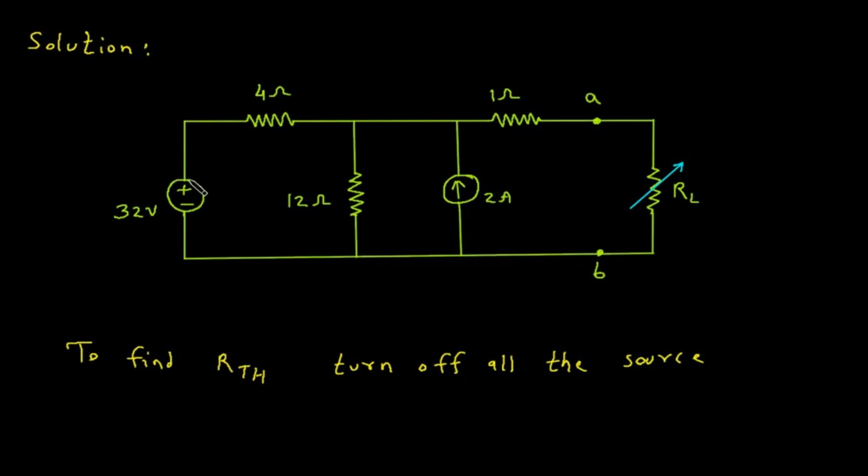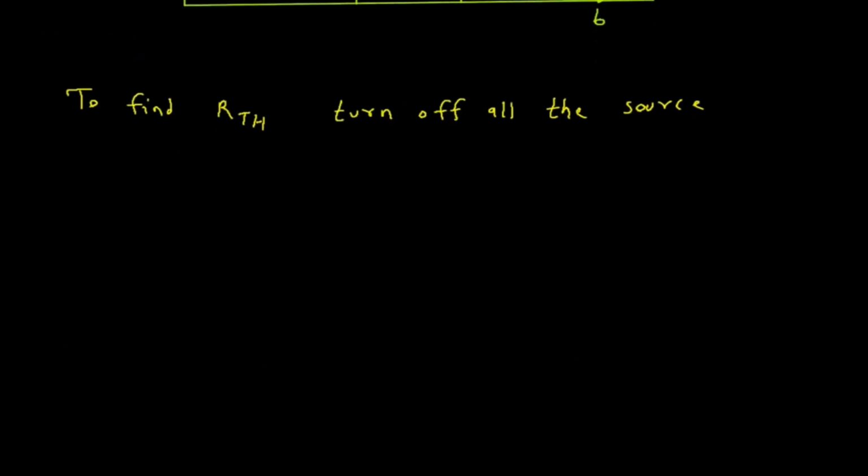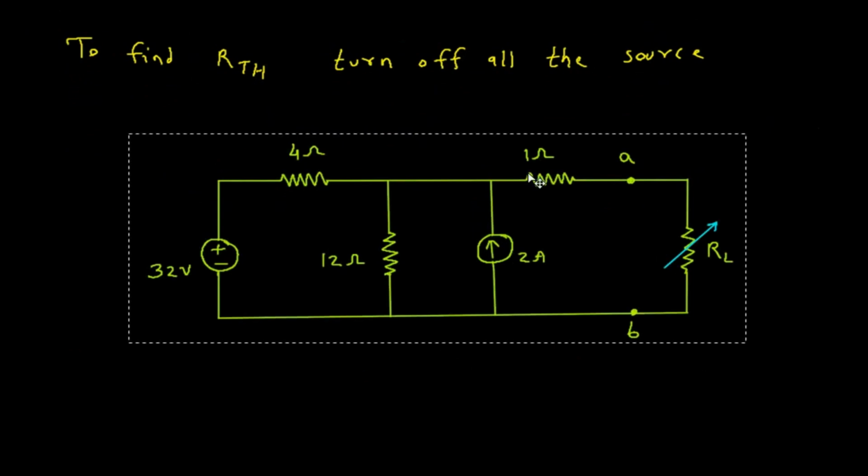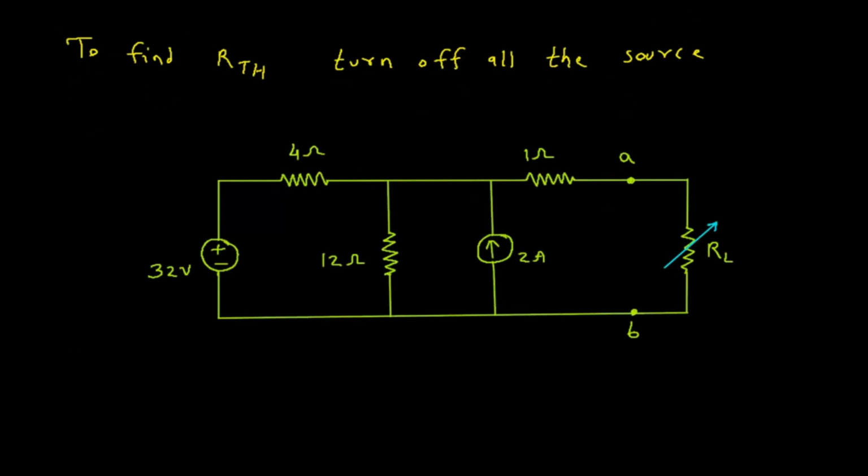So when we turn off the voltage source, this will be a short circuit, and when we turn off the current source, this will be an open circuit. So this will be a short circuit and this will be an open circuit.